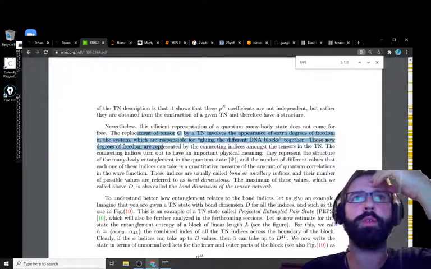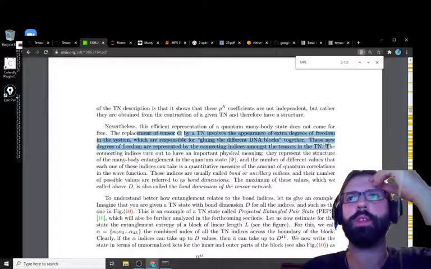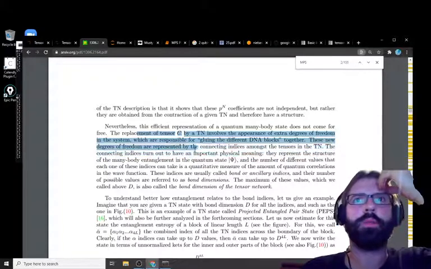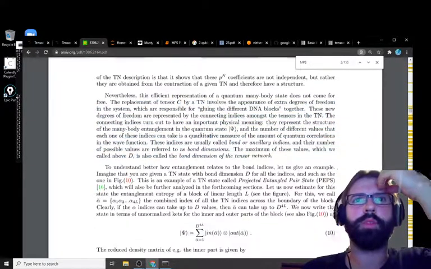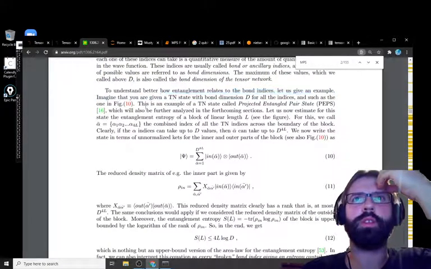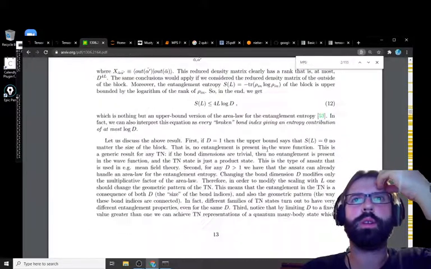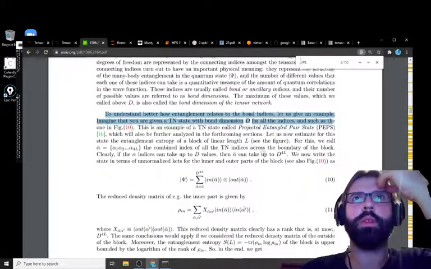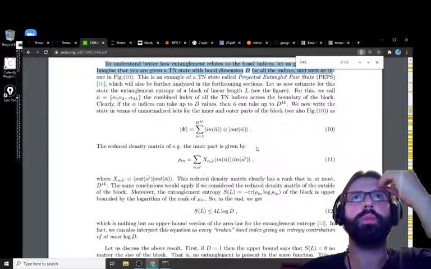These new degrees of freedom are represented by the connecting indices amongst the tensors in the tensor network. Yeah, that's also what I just read. Okay, so here they're going to try to understand a bit better what is this entanglement. How you understand this entanglement. That's definitely worth taking a look at.